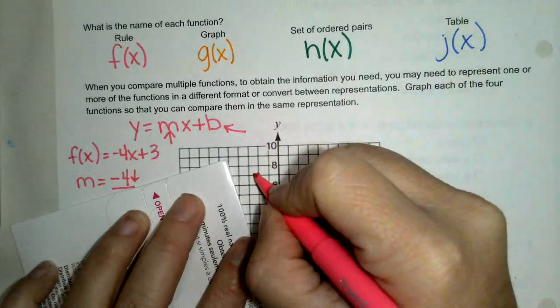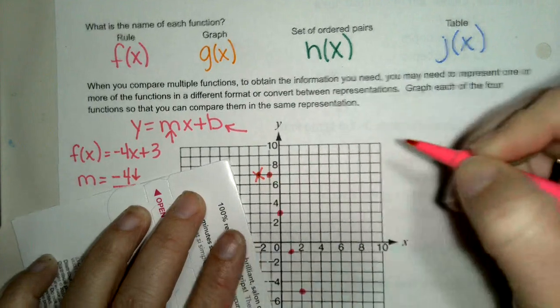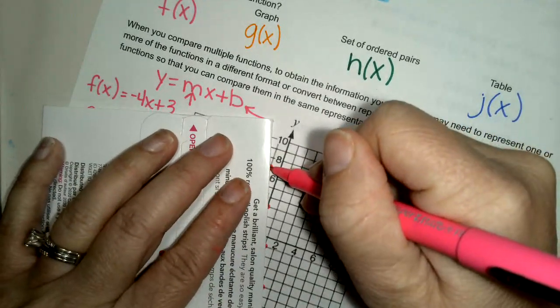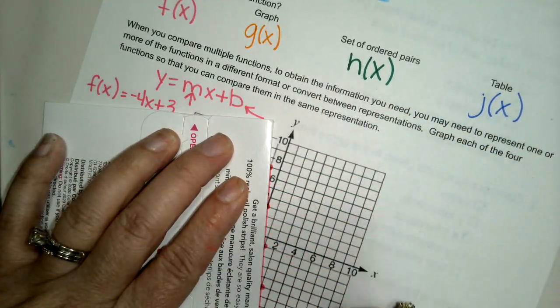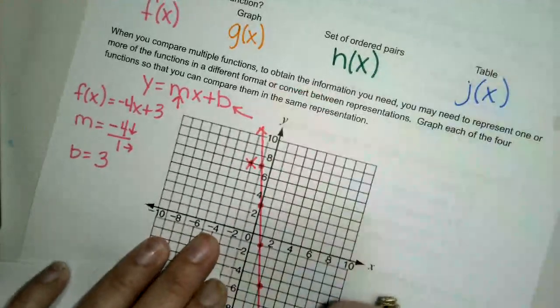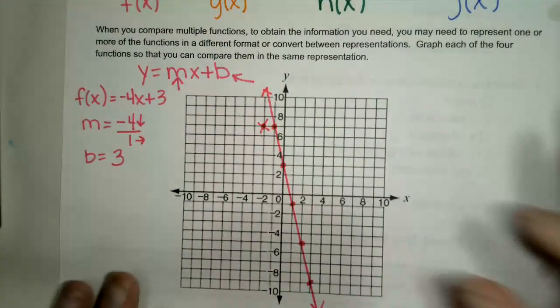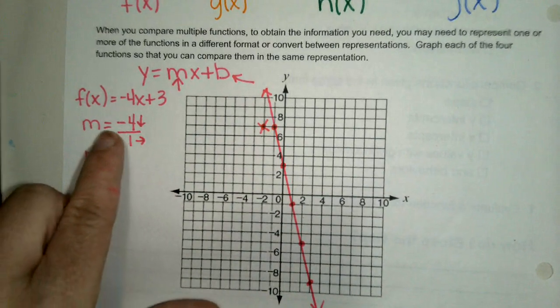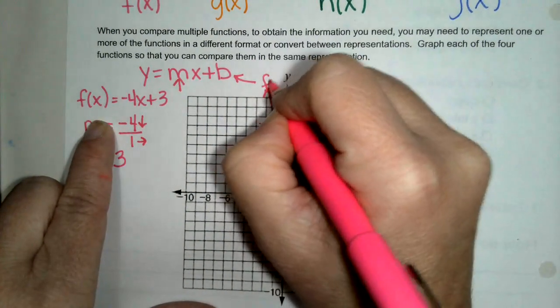Oh, I accidentally went over 2. There. I was wondering why it wasn't going to fall on the line. Now, I'm going to have several lines on this one graph, so I want to name this line. This line is named f of x.